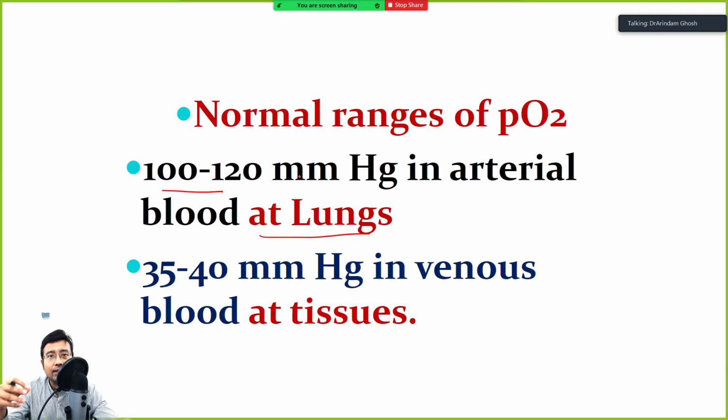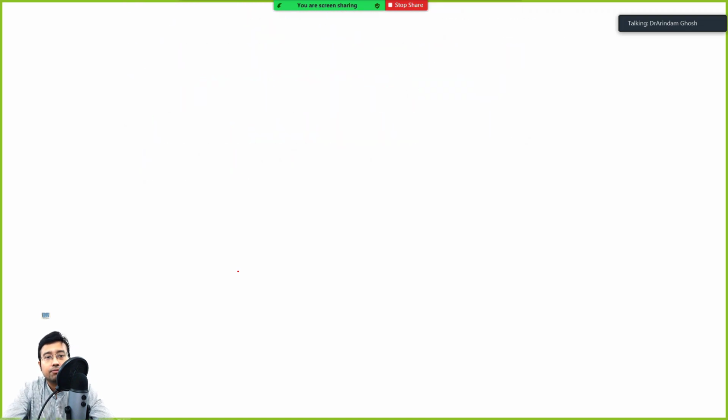The supply is the tap, and the drain is the one in your toilet, the exit. So at the exit, the partial pressure of oxygen is around 35 to 40 millimeter of mercury. So 100 to 120 at the arterial end, at the lungs, when arterial blood is getting oxygenated, and 35 to 40 millimeter of mercury at the venous end.